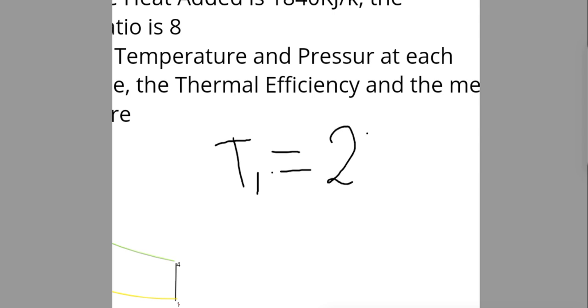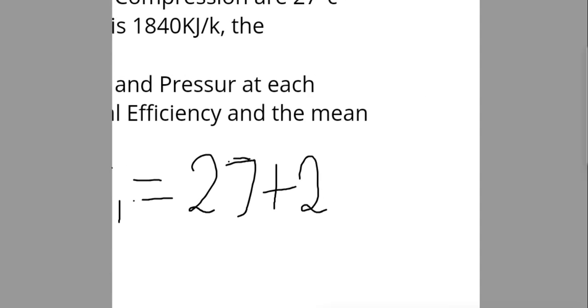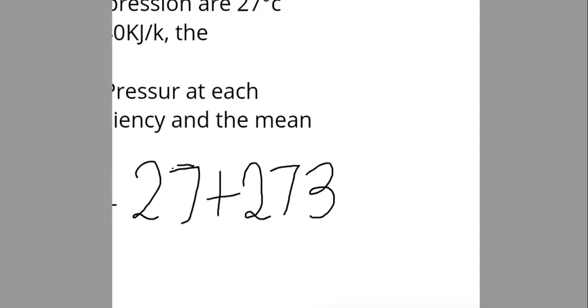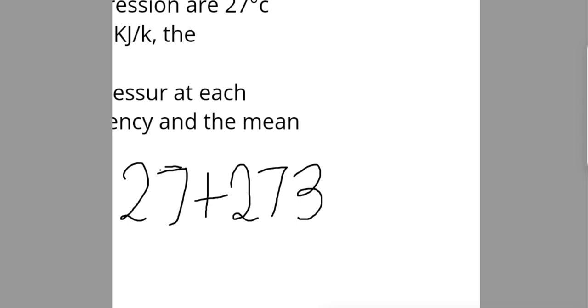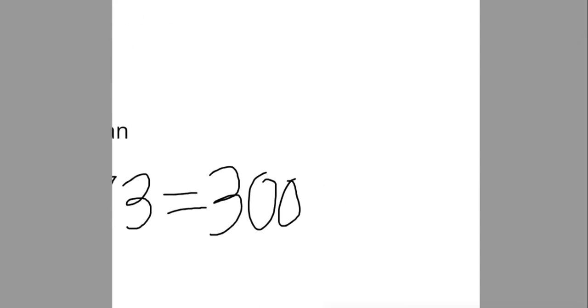But since we have to deal with the normal units, we have to convert it to Kelvin, so we just add 273. 27 plus 273 is going to give us 300 Kelvin.